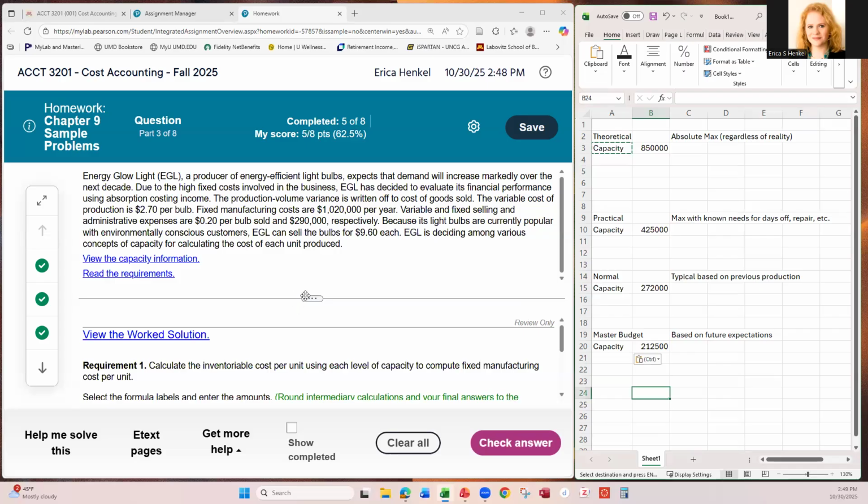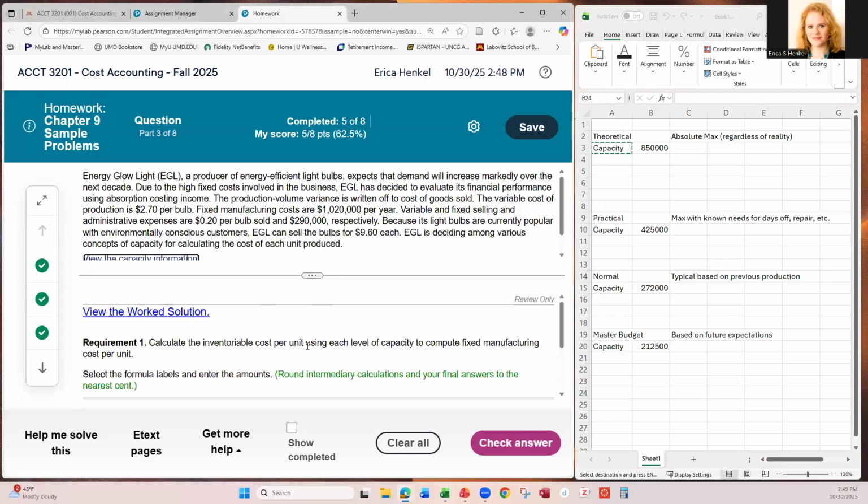So the first thing they're asking us to do is to calculate the inventoriable cost per unit using the level of capacity, right? So with this, we're only inventorying our manufacturing costs here, right? For our absorption costing. Sorry, I got stuck on that word absorption for a second.